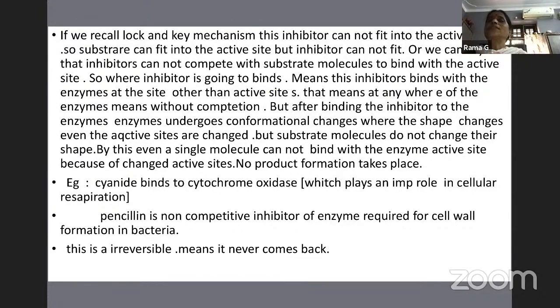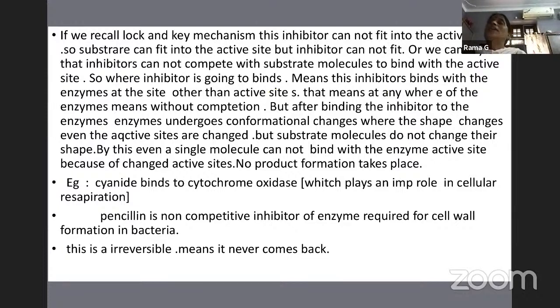Then where do these inhibitors go and bind with the enzyme? The inhibitors bind with the enzyme at a site other than the active sites. That means they are not going towards the active sites.